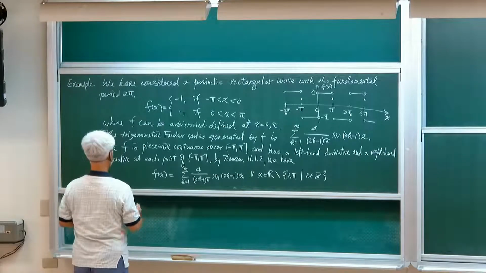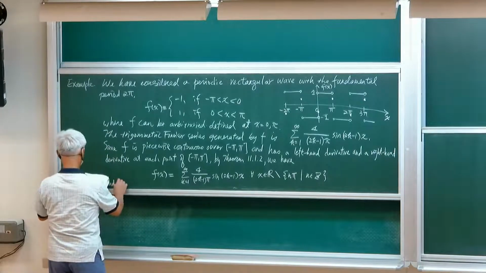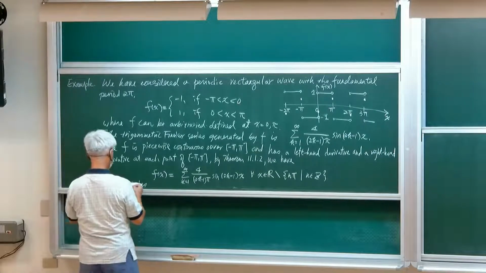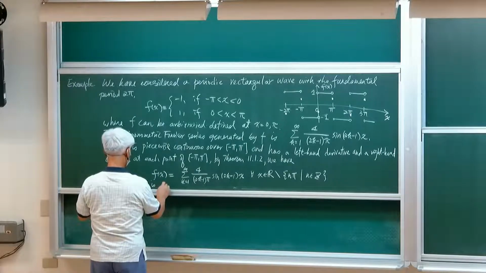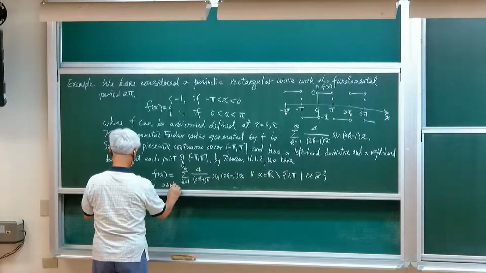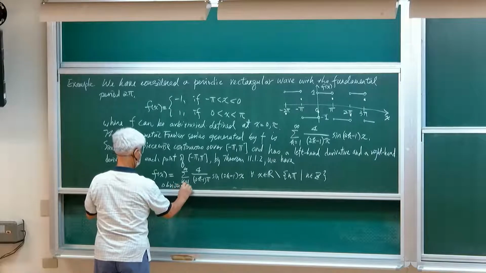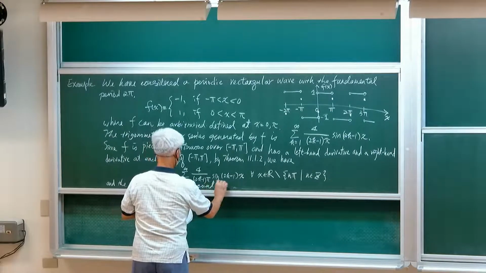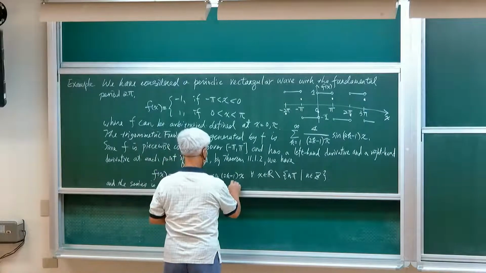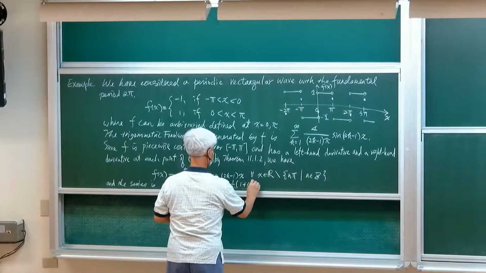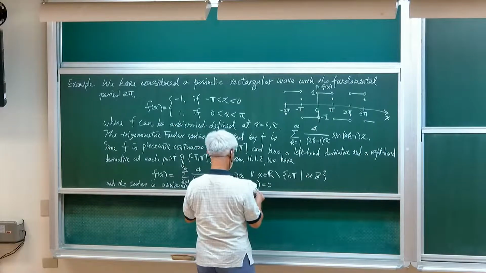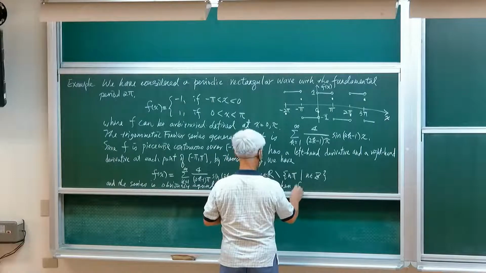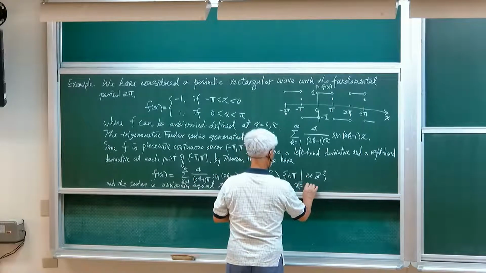The series is obviously equal to half of 1 plus minus 1, which is 0, when x is equal to n pi.